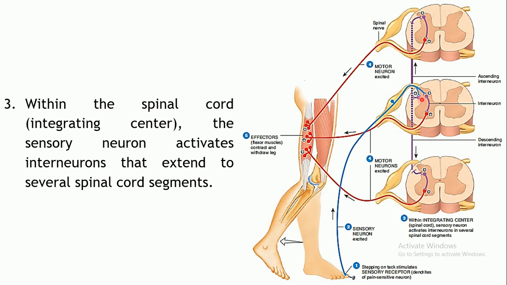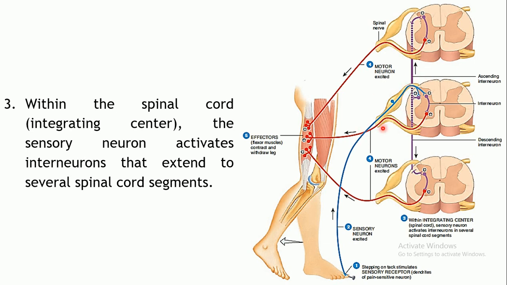So what is happening? This sensory neuron is activating the interneurons that extend to several spinal cord segments. In all the earlier figures which we had seen, only one segment was shown, right? Remember what are segments? The spinal cord, for convenience, is said to be divided into several segments depending upon the spinal nerves which are leaving the spinal cord at different levels, right?